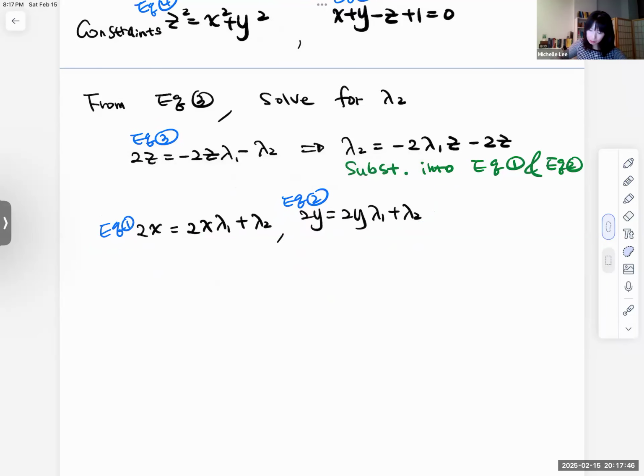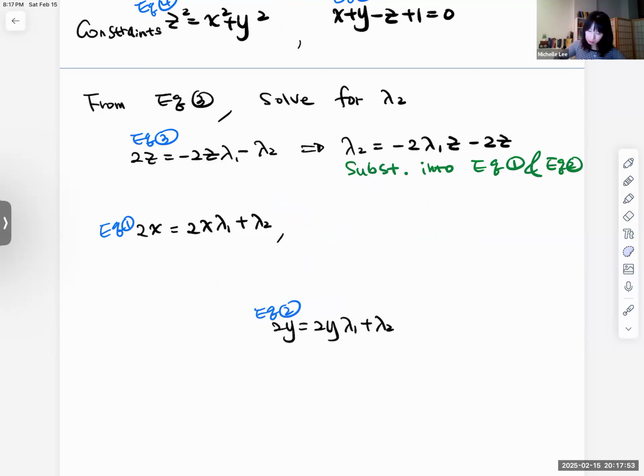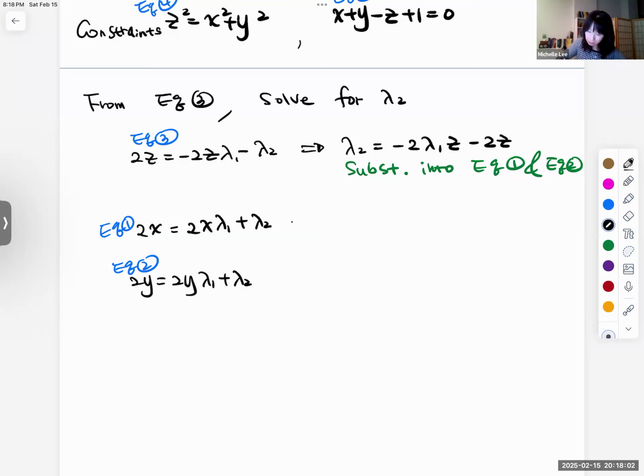So equation 1 and equation 2: 2x equals 2x lambda 1 plus lambda 2, and we just copy.